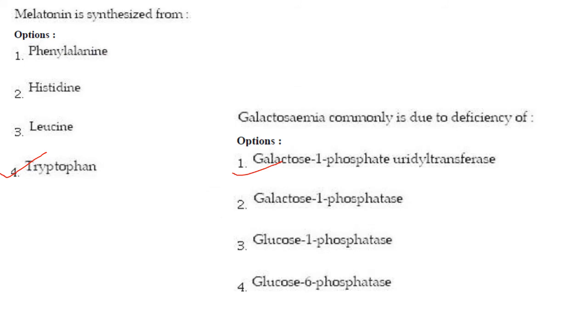Melatonin is synthesized from option 1 phenylalanine, 2 histidine, 3 leucine, 4 tryptophan. Answer is option 4 tryptophan. Next one. Galactosemia commonly is due to deficiency of option 1 galactose 1 phosphate uridyl transferase, 2 galactose 1 phosphatase, 3 glucose 1 phosphatase, 4 glucose 6 phosphatase. Answer is option 1 galactose 1 phosphate uridyl transferase.